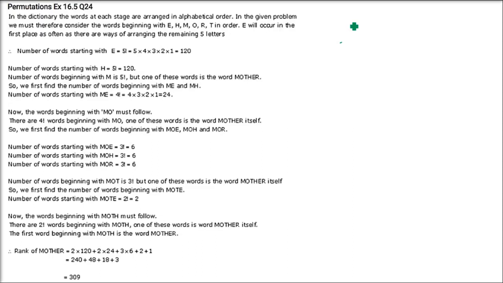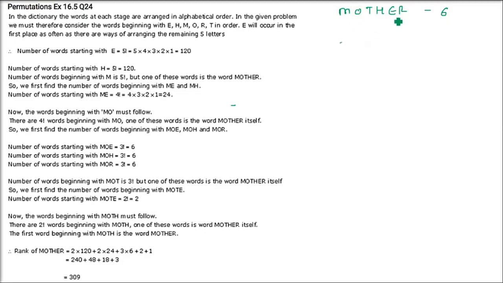If the letters of the word MOTHER are written in all possible orders, and these words are written out in a dictionary, find the rank of the word MOTHER. So we have MOTHER, M-O-T-H-E-R. There are 6 letters here. So we will write all the permutations.